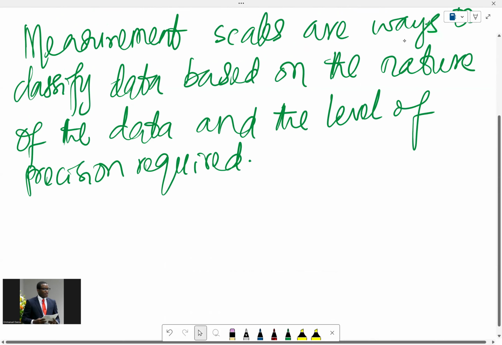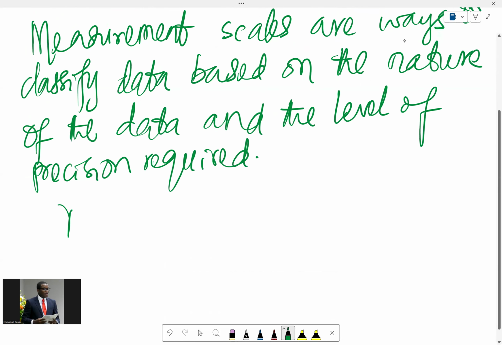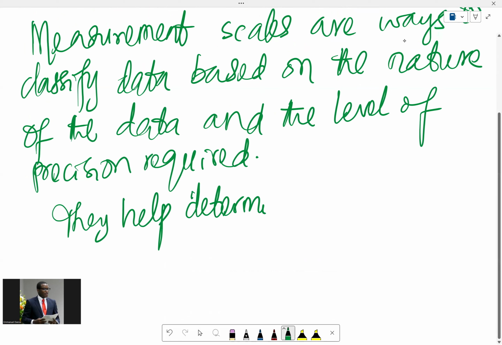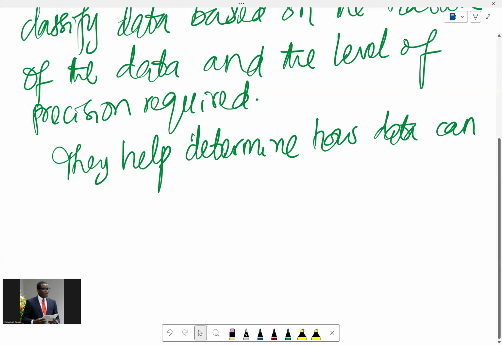So measurement skills actually help to determine how data can be analyzed mathematically.